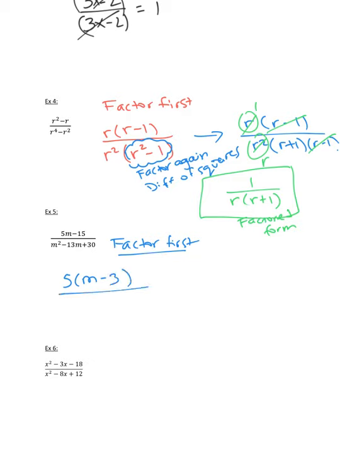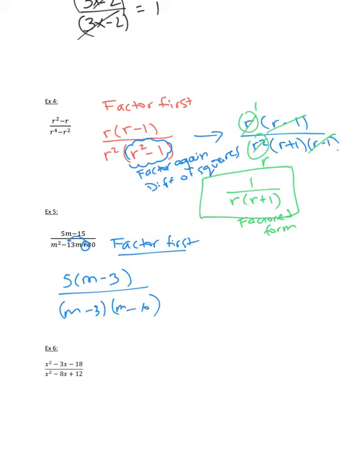Denominator, I don't see a GCF, but this is reverse FOIL. M times m is m squared. I need factors of 30 that add up to 13. So it'll be 3 times 10. Remember, the positive here tells you the signs are the same, and the middle tells you that they're both negative.